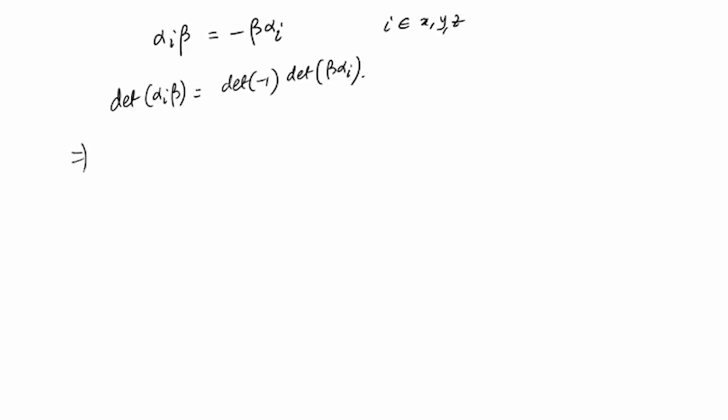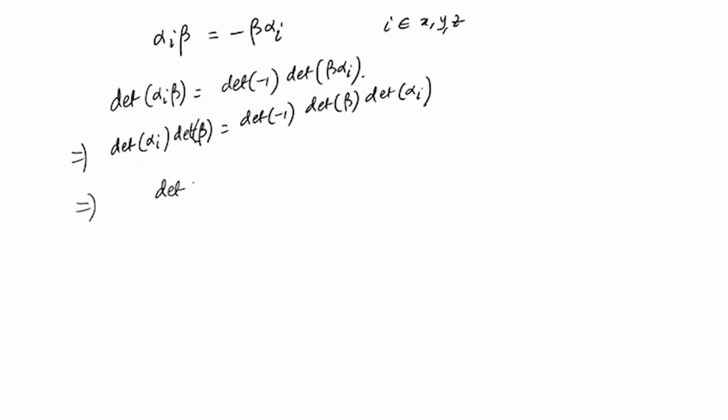So, this becomes the determinant of alpha i times the determinant of beta, equal to the determinant of minus 1 times the determinant of beta and the determinant of alpha i. Now, you see that a determinant is just a number. So, the determinant of alpha i and the determinant of beta cancel from both sides, and that gives us the determinant of minus 1 is equal to 1.